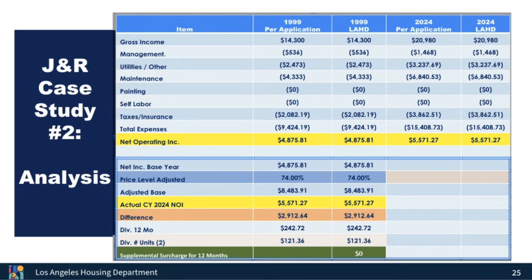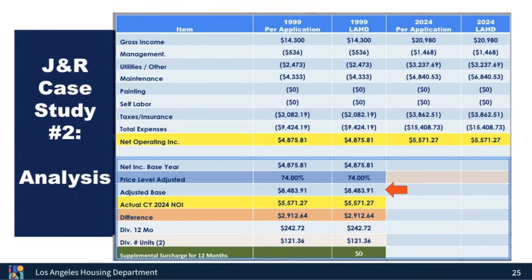Again, this table shows base year 1999 versus year 2024 and per applicant versus per LAHD findings. This case study shows that the current year is not at a net loss, but that the NOI for the current year is less than the base year after computing the 74% inflation rate factor.